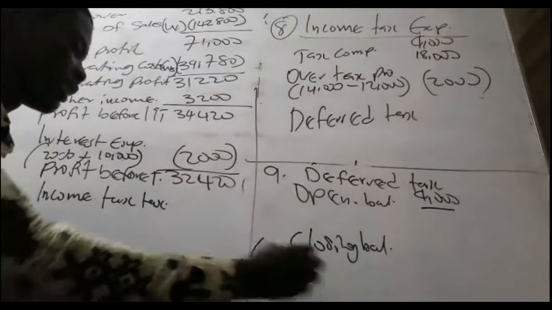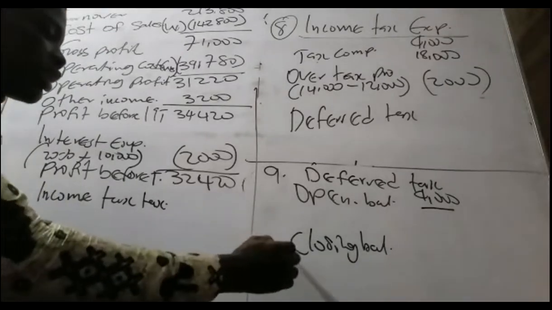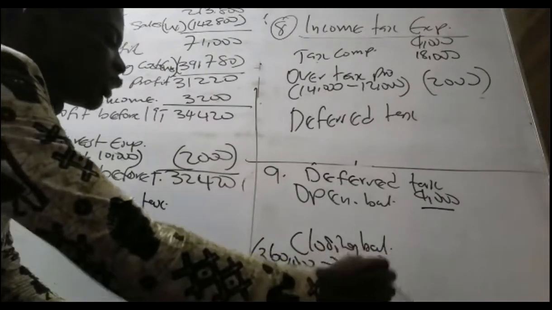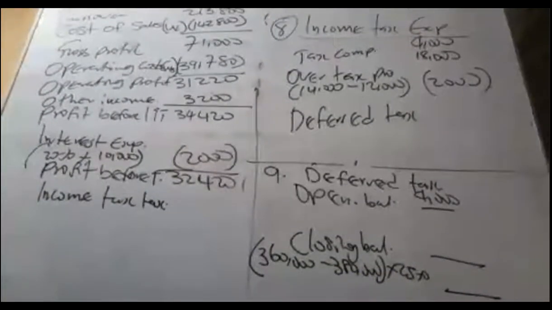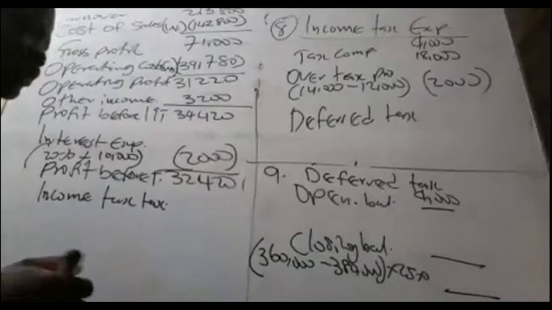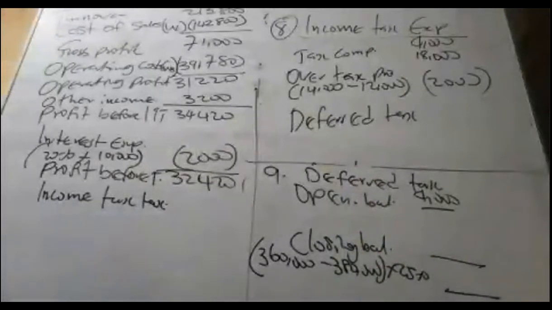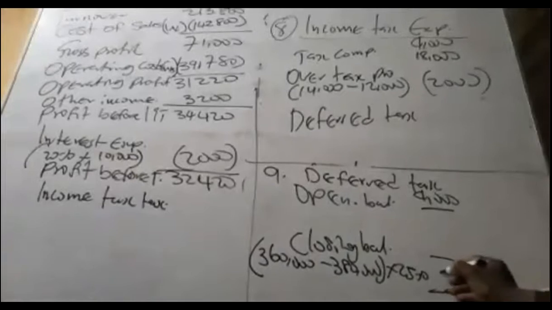Tell the examiner that the answer is 360,000 less 380,000 times 25%. And that will give us 2,500. This one is deductible, as the name suggests, because the accounting base was lower. And deductible means it's a deferred tax asset.